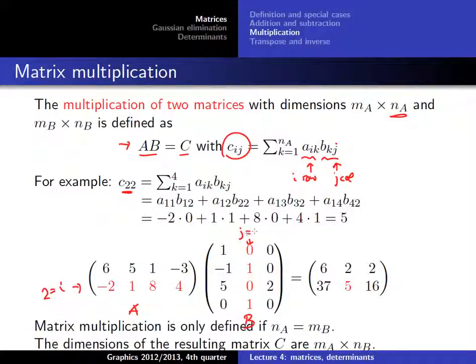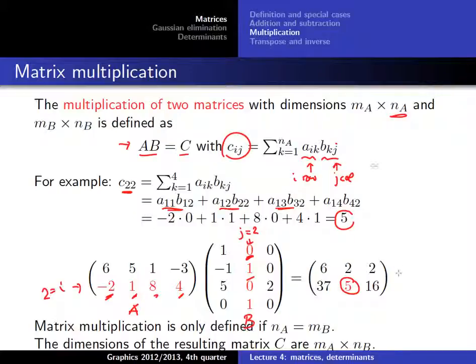So here j is also 2. So we look in this column. And then we multiply pairwise these coefficients with each other. And that way we get these products here. And then we sum them up. And then we get our result 5, which is the new entry C22.